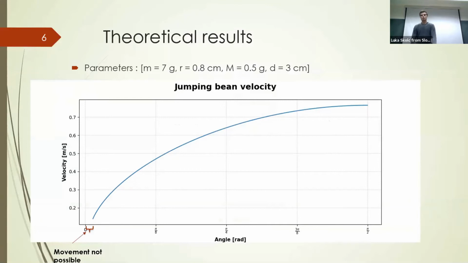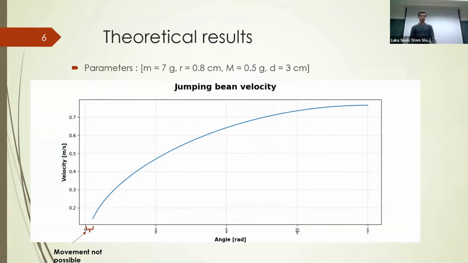Theoretical results. The problem statement also asks about velocity's dependence on angle. We plotted this graph, which shows how velocities depend on angle, and as expected, with increasing angle, velocity increases as well.